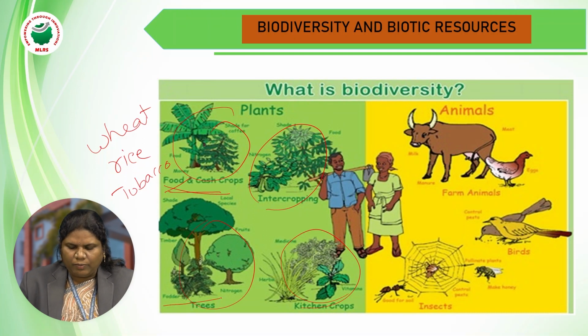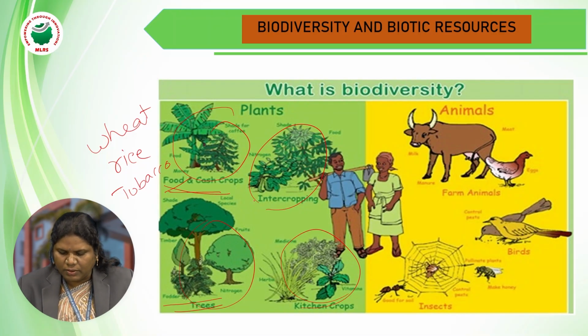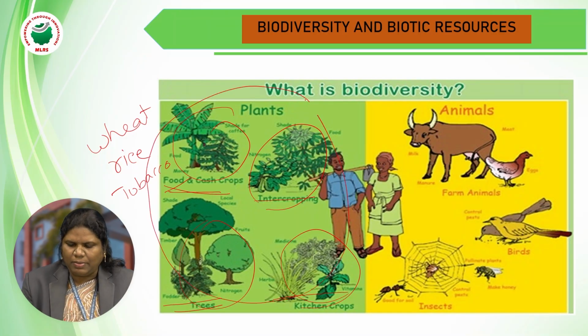Another type of plants are trees, which are bigger than plants. Intercropping plants are small plants. Kitchen crops are the leafy vegetables which we use in the kitchen for eating. These all come under plants.